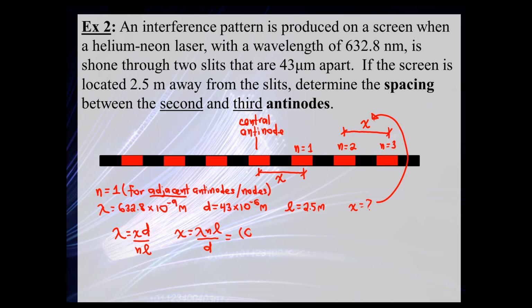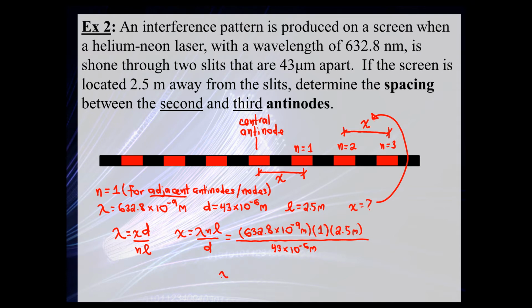Let's plug our numbers in. So we got 632.8 times 10 to the negative 9 meters, multiply by n, which is 1, multiply by L, 2.5 meters, divide by d, which is the distance between the two slits, 43 times 10 to the negative 6 meters.